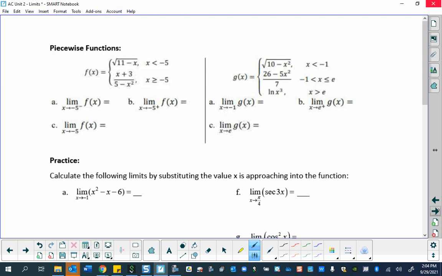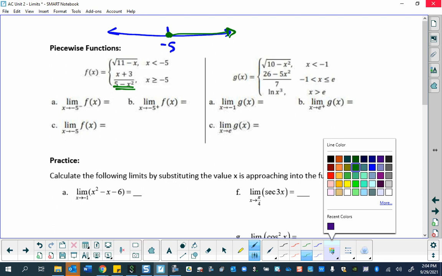So what I want you to think about is this number line. And on this number line, I have this story of -5. Any input value that's greater than or equal to -5 is going to follow this rule.